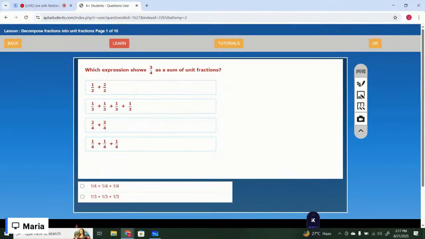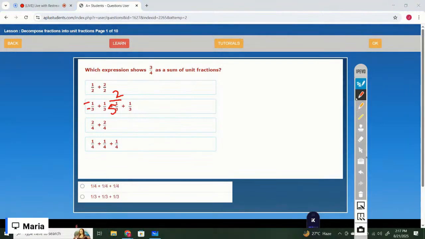So 3 by 4 as a sum of unit fractions. Just look at the last example. They have exactly the same denominator. So the denominator is 4. 1 plus 1 plus 1 makes 3. So that means option number 1 is the correct option: 1 by 4 plus 1 by 4 plus 1 by 4. Option number 1 is the correct option. Got it?